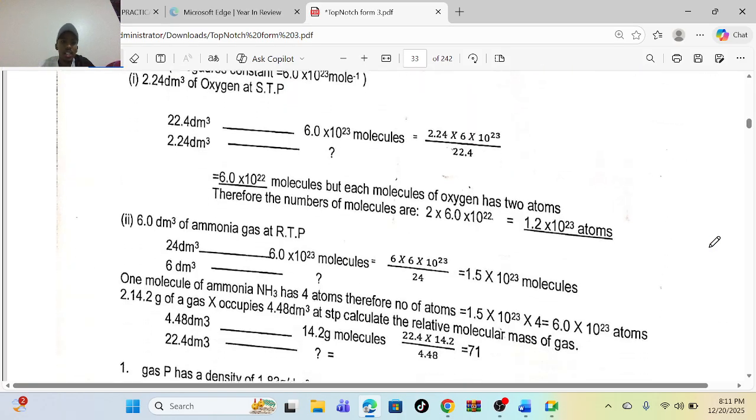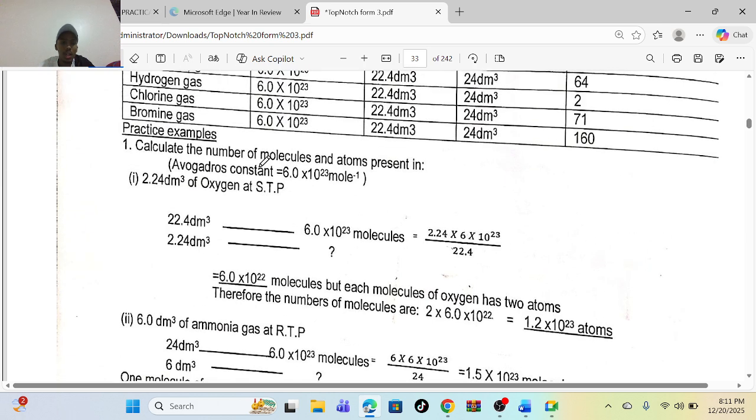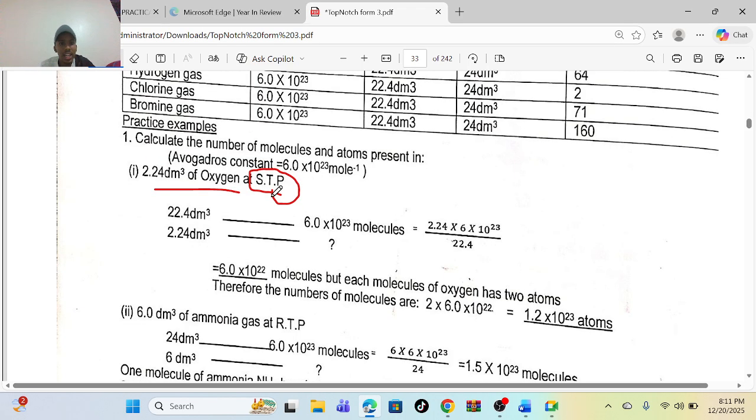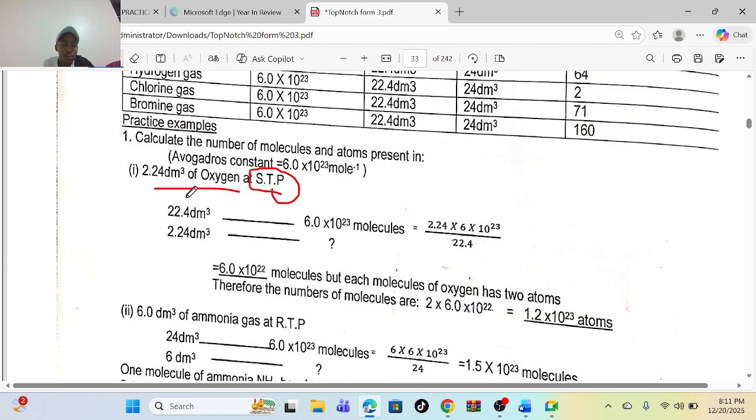So swali laulizwa aje sasa? This is a question: calculate the number of molecules present in 22.4 decimeter cubed of oxygen at STP. So tuangalia nini? The number of molecules. So tunasema if 22.4 decimeter cubed is equal to 6.0 times 10 raised to power 23, what about 2.24?